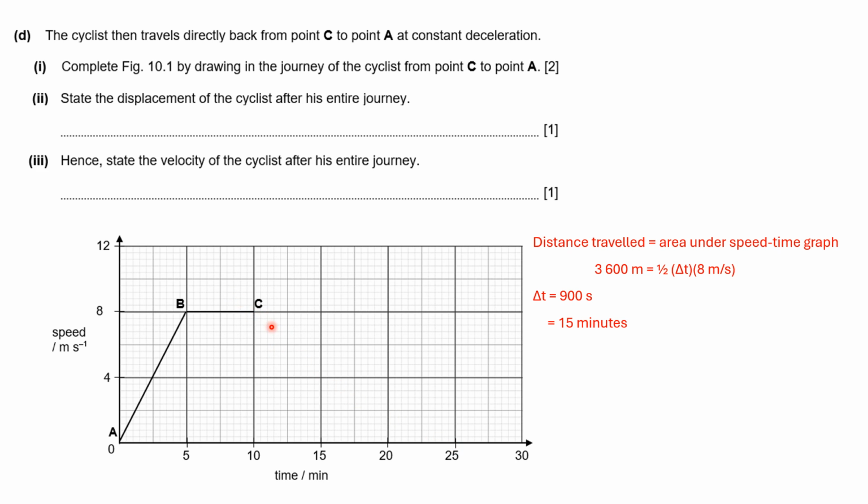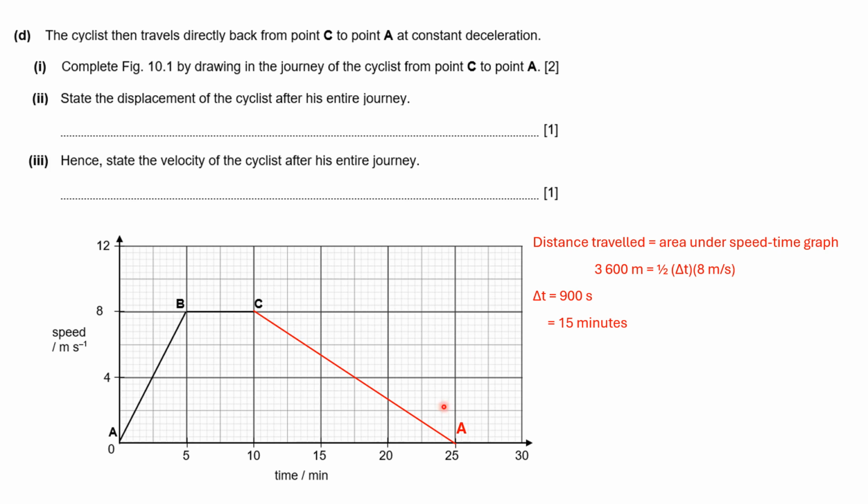So that will be a triangle. This tells us that this area here would be the same as the area of the earlier shape, so 3,600 meters. And when you do the maths, you find that that is 900 seconds or 15 minutes. So back to point A is 15 minutes after he has reached point C and has started going back.